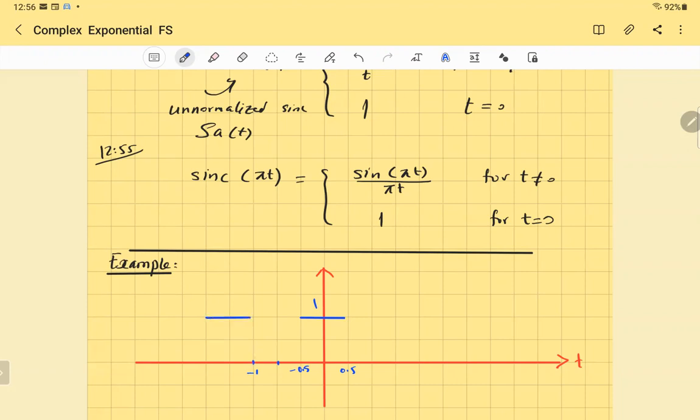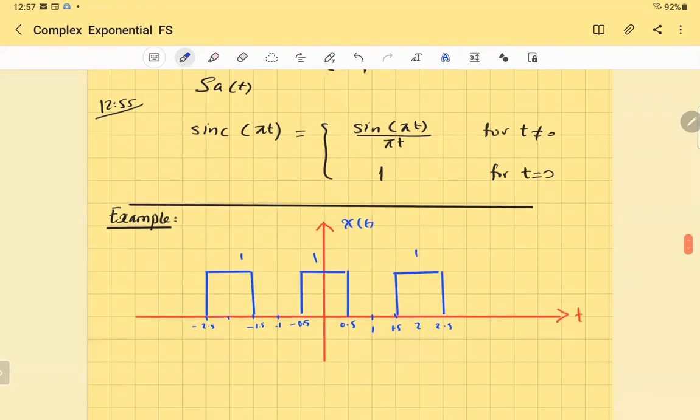That's negative 1, I'm sorry, so it'll be negative 1.5, negative 2, negative 2.5. Okay, let's make it clear. And it will continue, that will be 1, 1.5, 2, 2.5, and so on. That's x of t.